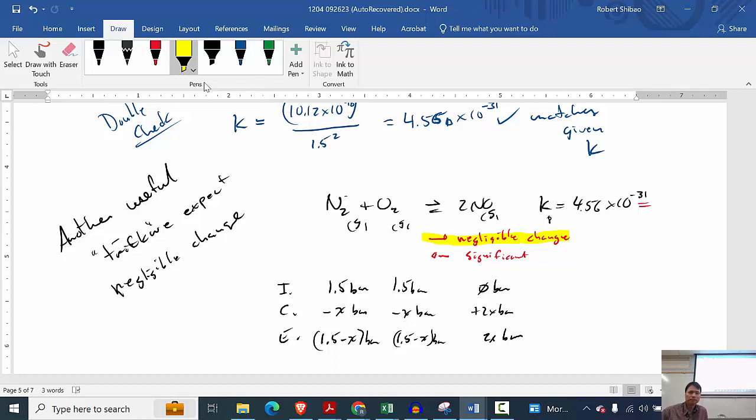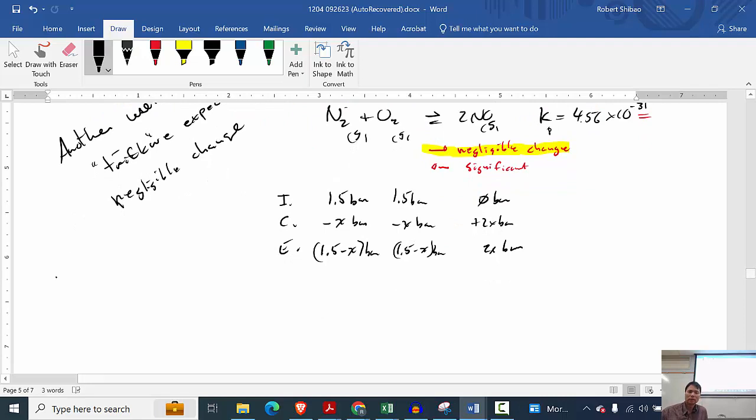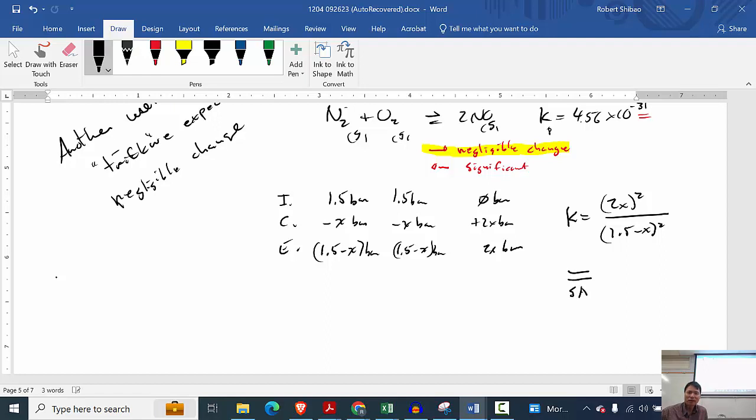Anyway, so what we do is this. We set up our K, which is just going to be 2x quantity squared over 1.5 minus x quantity squared. And then we do something called the simplifying assumption, SA.